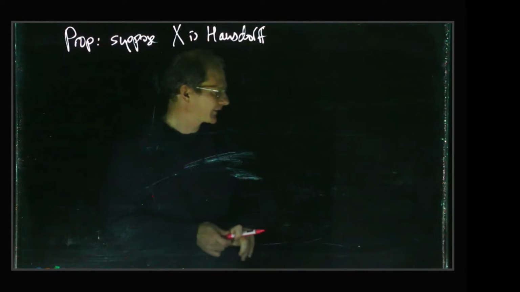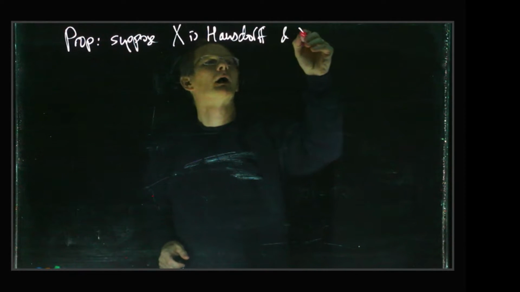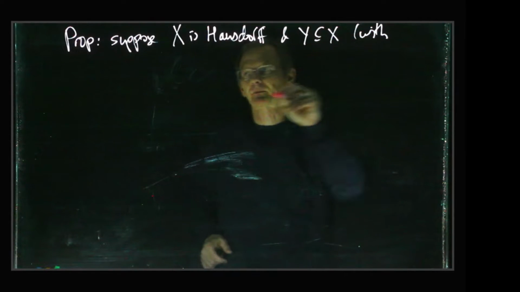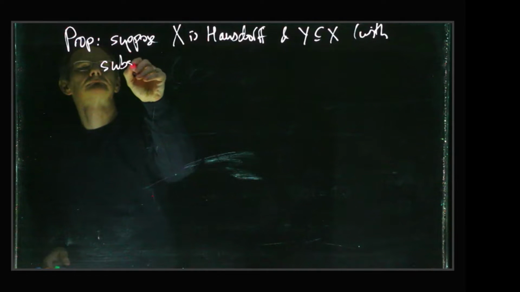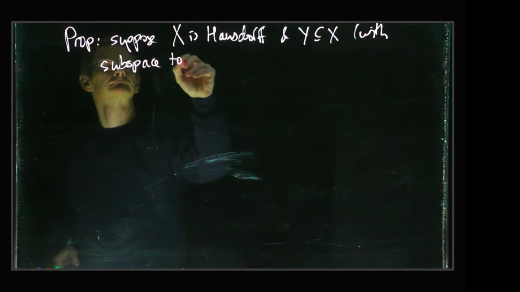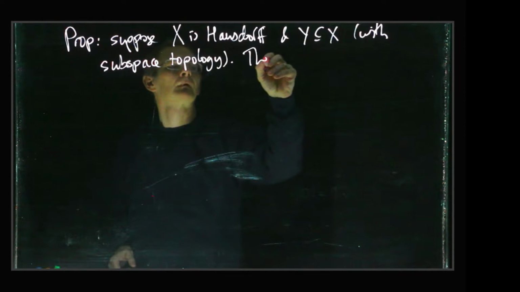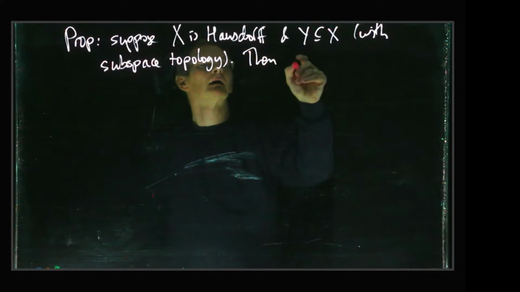So suppose X is Hausdorff and Y is a subset of X with the subspace topology. Then I want to claim that Y is Hausdorff.